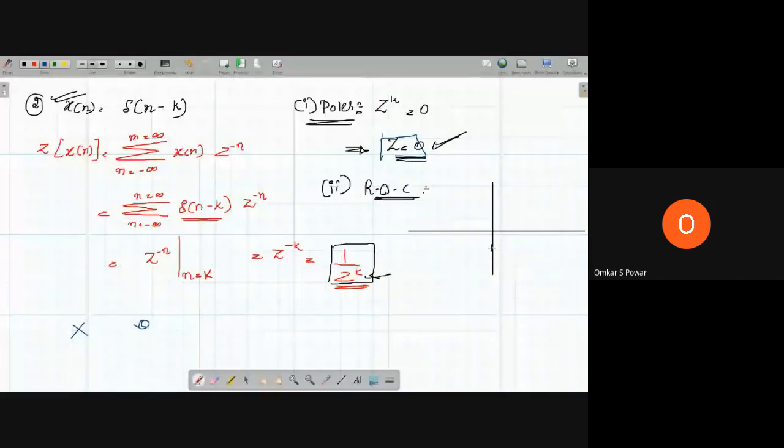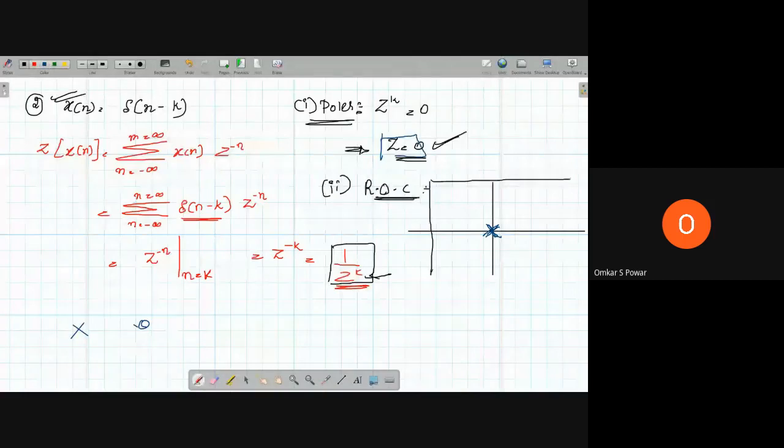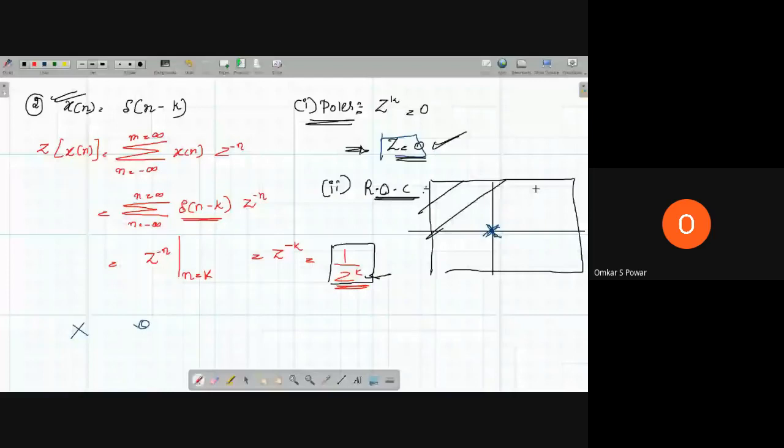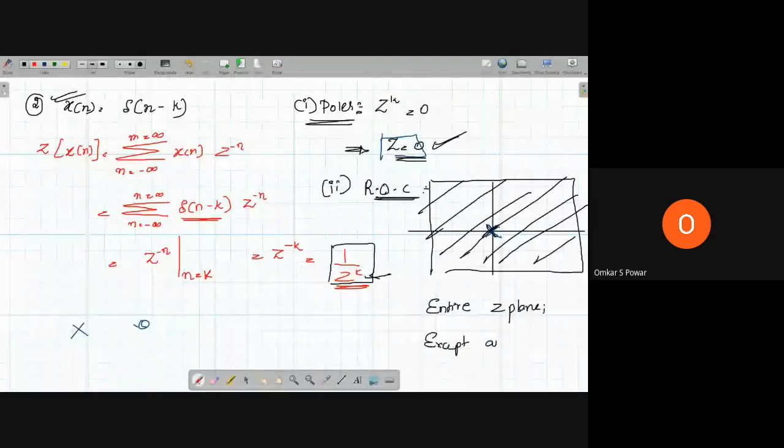So this is your pole at z is equal to 0. Then your ROC is your entire z plane except at z is equal to 0, because ROC never contains the pole.